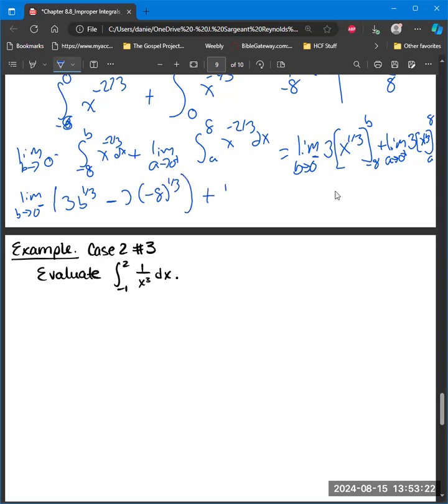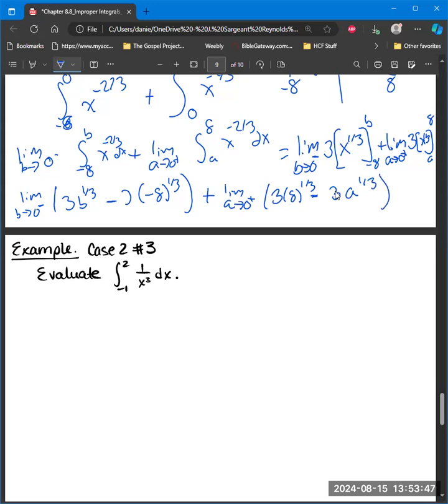plus limit as a goes to 0 from the right of 3 times 8 to the 1/3 minus 3 times a to the 1/3, like so.